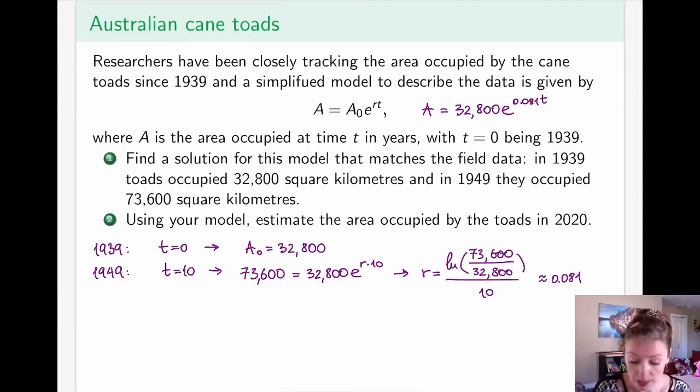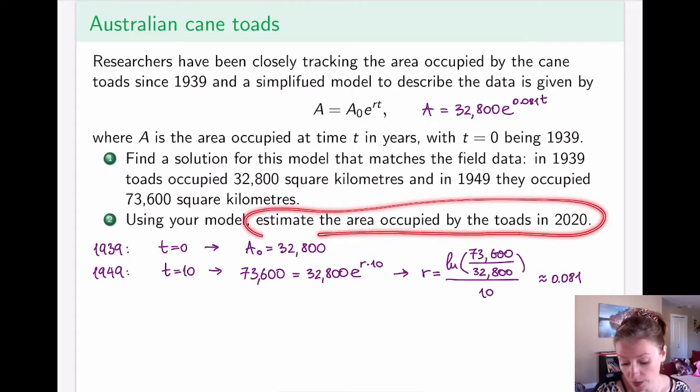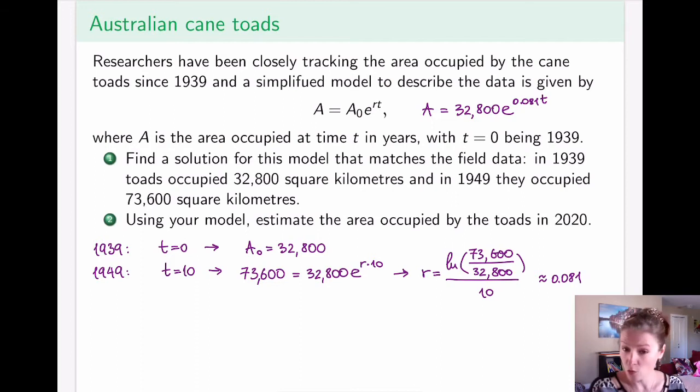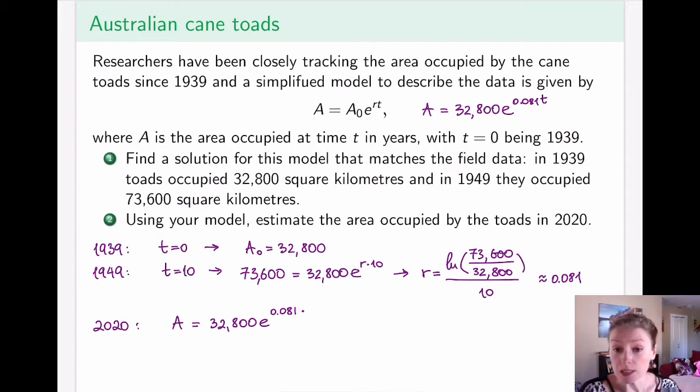And with that in mind, I can approach the second part of the question, which says, now using my newly discovered model, estimate the area occupied by toads in 2020, with the assumption that the model from the 30s and 40s still works, so with no great changes to the environment. So what happens in 2020 is the total amount is going to be 32,800 e to the power 0.081 times t, where t equals 0 corresponds to 1939.